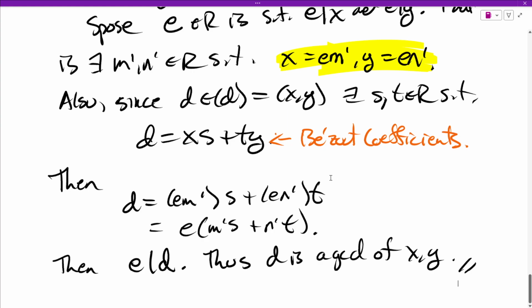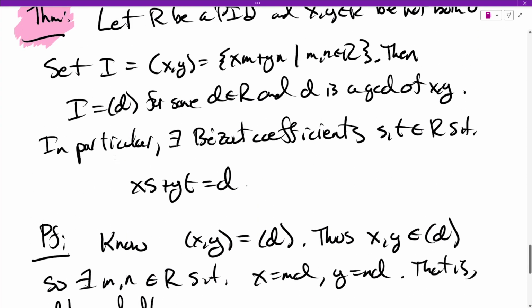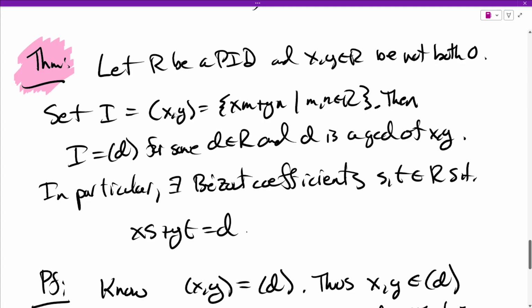And again, this theorem is prescriptive. It tells you how to find the GCD. You look at the ideal generated by x and y, and you look for a principal generator. If you have a division algorithm, you can find that principal generator as a minimal element in the ideal. Again, these don't exist in general, but in this setting they do.